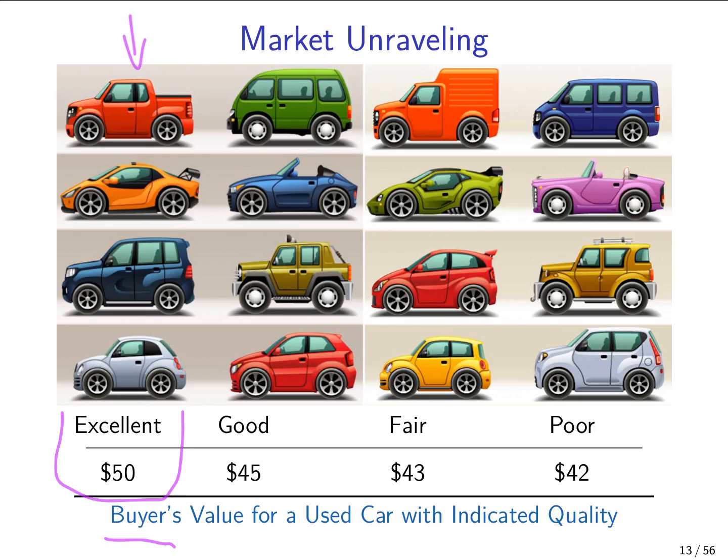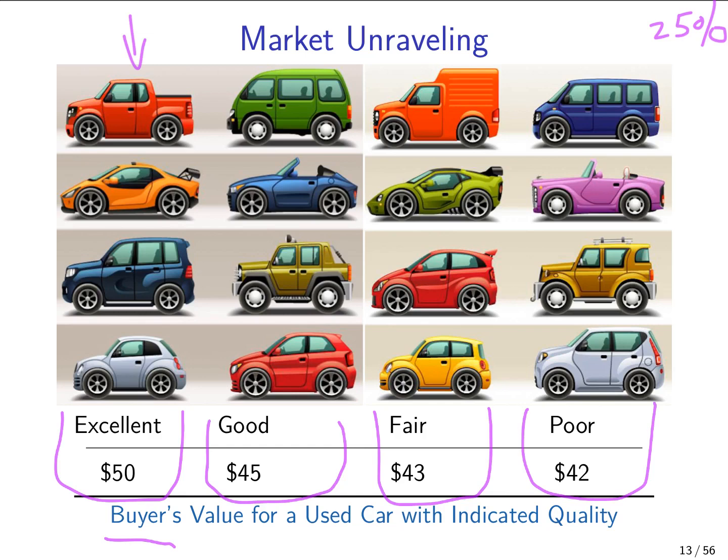For the good quality used car, the buyer is only willing to pay $45,000. For a fair quality used car, $43,000. Poor quality used car, $42,000. Each of them accounts for a quarter of the cars in the market.